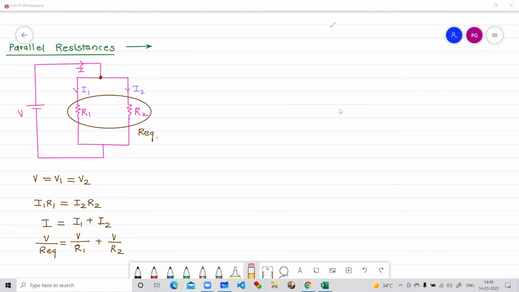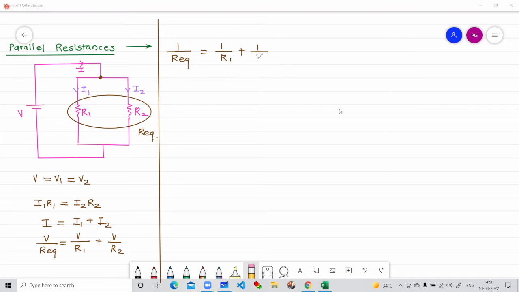So V is common, cancel it out, right? So you can have 1 upon R equivalent is equal to 1 upon R1 plus 1 upon R2.